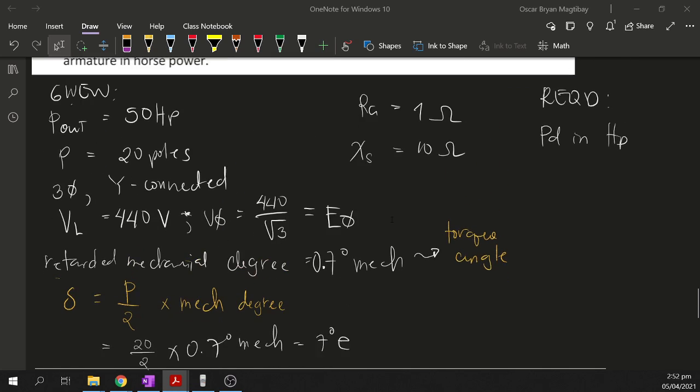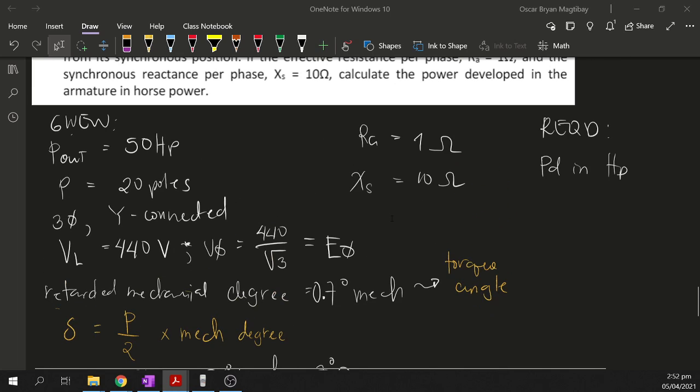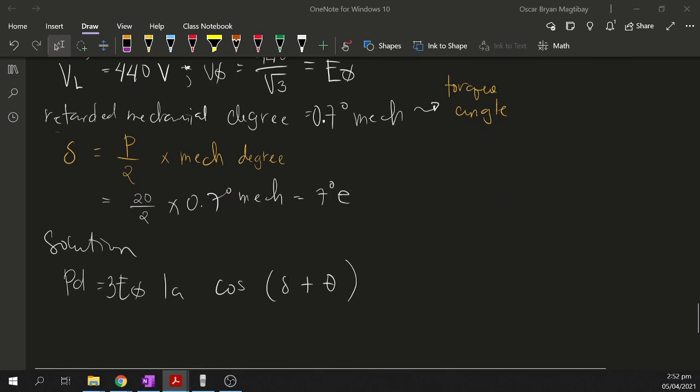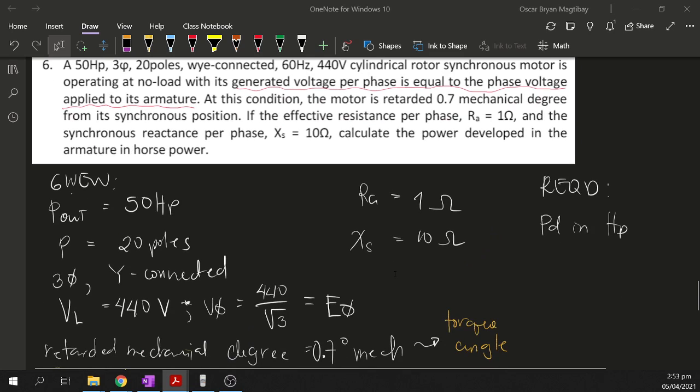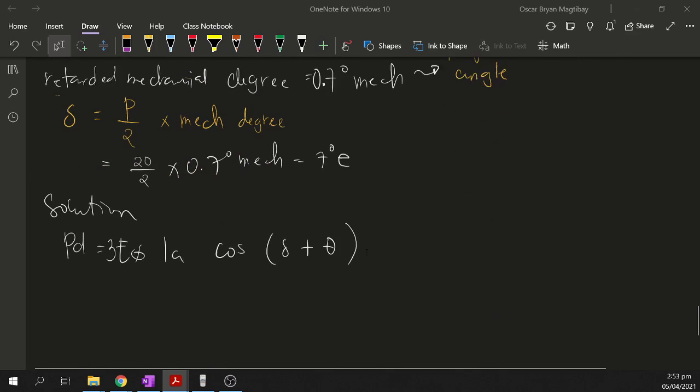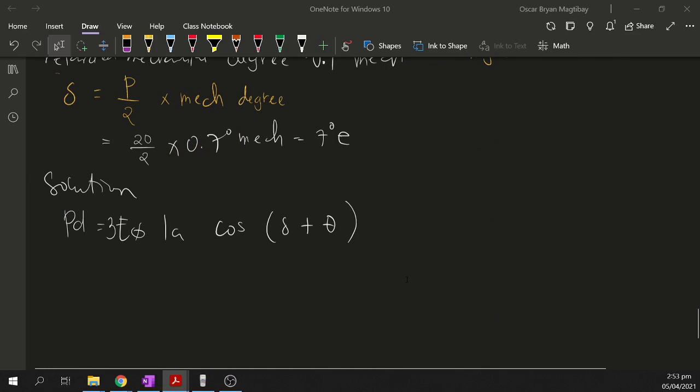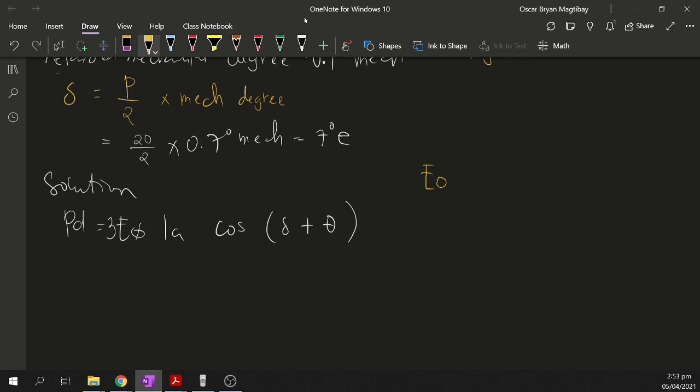Pero kailangan natin makuha yung mga parameters na kailangan natin such as sigma. Wala pa tayong sigma. Wala pa rin tayong theta. Pero alam ko na ang power factor ko is leading. Bakit na naman, sir? Again, don't forget yung ating general rule that if your E phase is greater than or equal to your V phase, then you have a leading power factor.